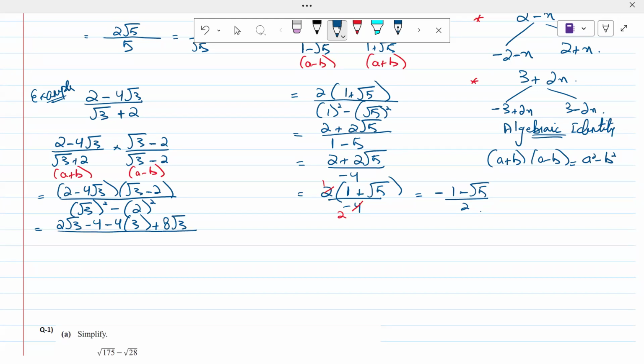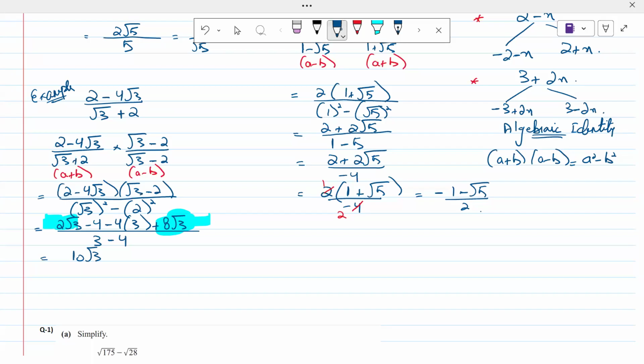Whole divided by root 3 whole square, which is a 3, minus 2 whole square, which is a 4. We look for the possible addition and subtraction. 2 root 3 plus 8 root 3, they can be added, giving us 10 root 3.